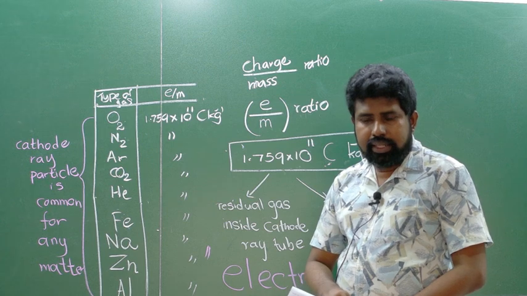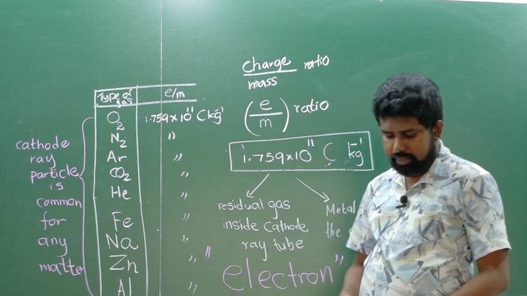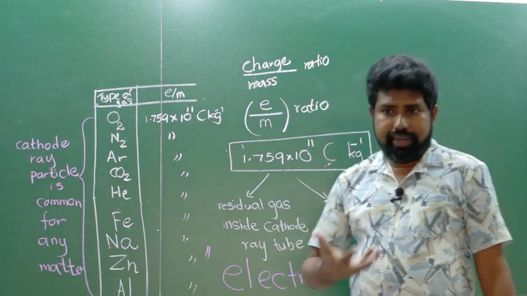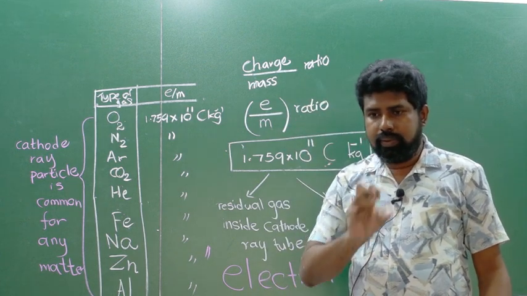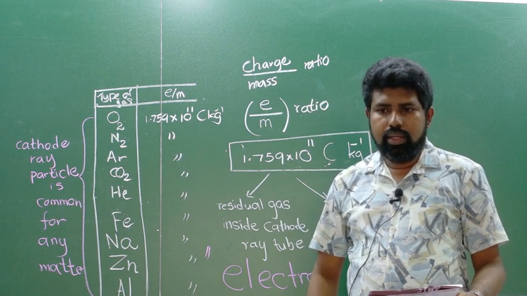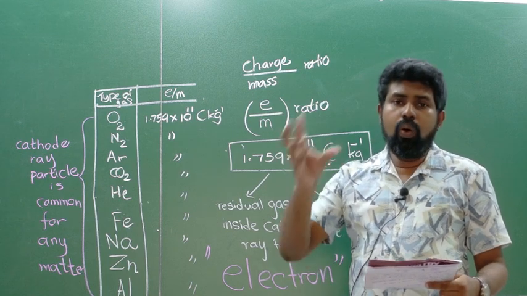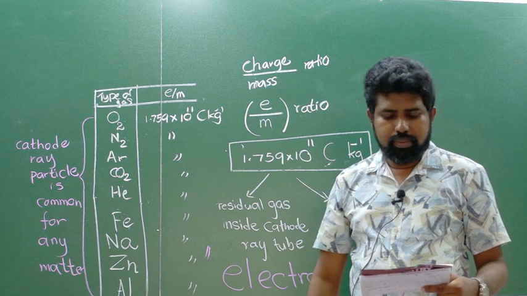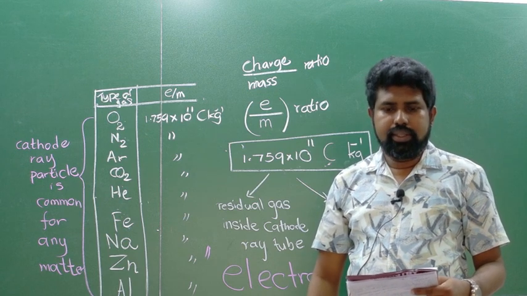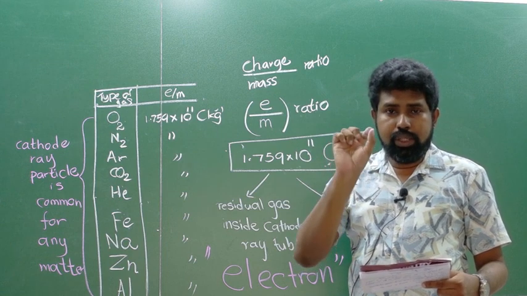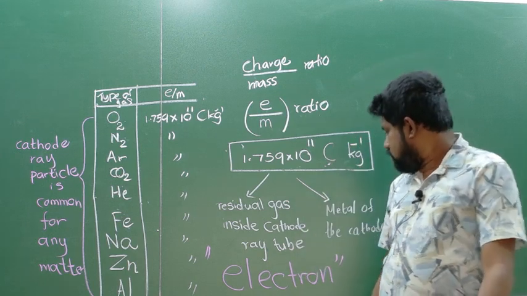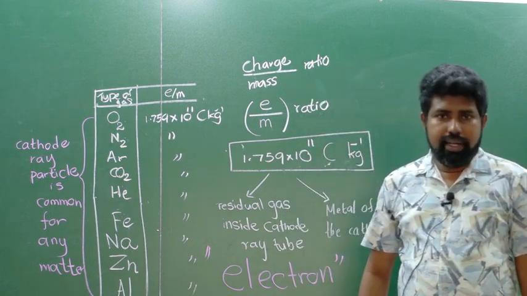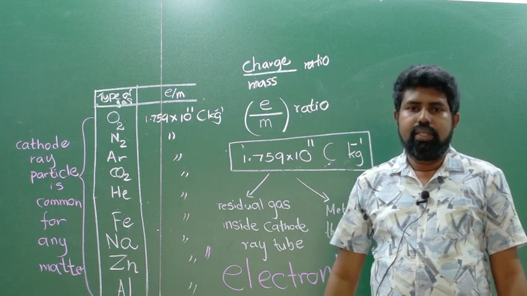the cathode ray particles are common for all forms of matter, and named these particles as electrons.